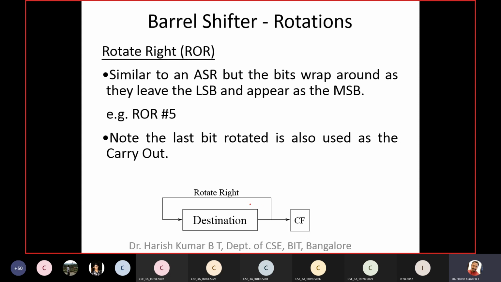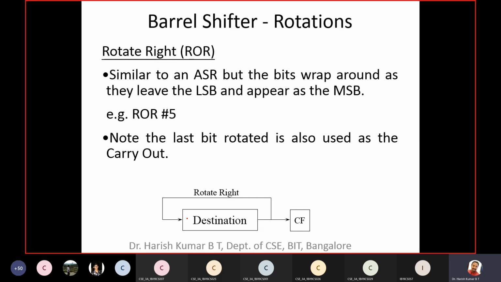Since I'm saying rotate right, the bit that gets out from the LSB position gets into the carry flag, and a copy of the same bit is also rotated back, or sent back, to the MSB position. Okay, is this clear? Yes, sir.